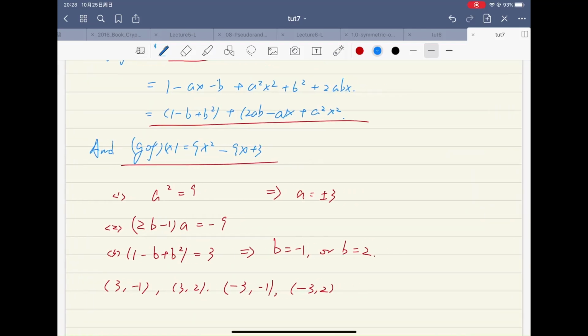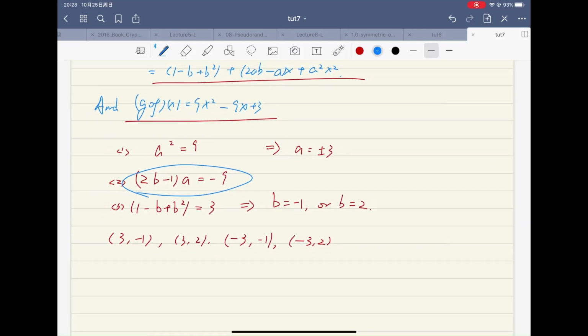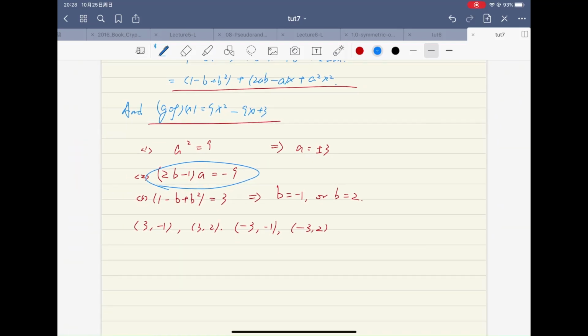We can use equation 2 to verify that. If we plug in a equals 3, b equals negative 1, we get (2b minus 1) times a equals negative 9. So this one is valid. And we also know that this one is valid.